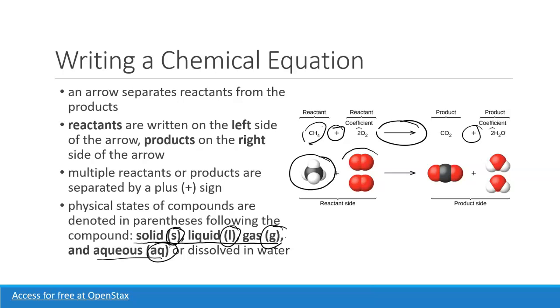O2 is 2 oxygen atoms that are bound together, and that coefficient in front tells us how many oxygen molecules we have. So the subscript in O2 tells us that in a single molecule we have 2 atoms of oxygen, but the coefficient 2 tells us that we have 2 molecules of O2.